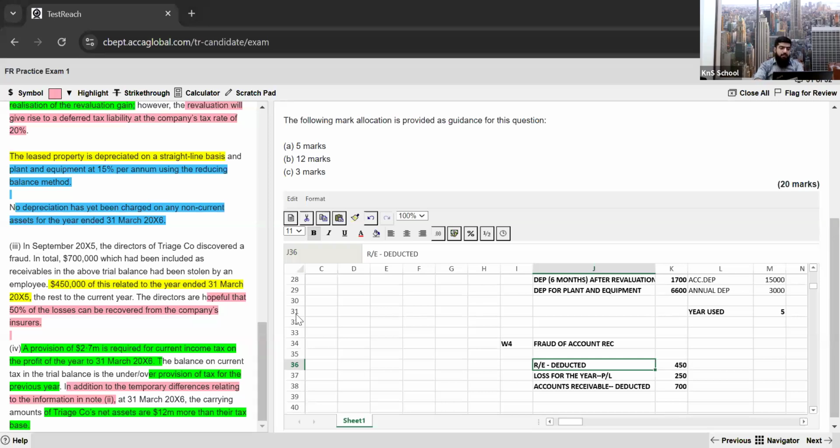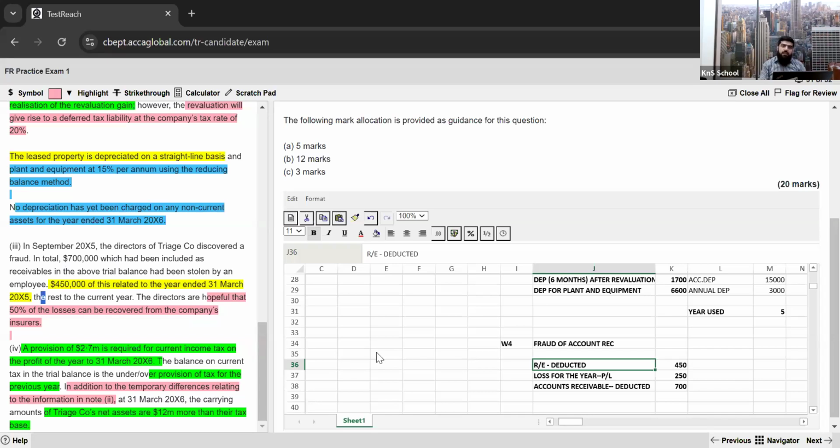Now, the last adjustment is related to income tax, and we are going to calculate the income tax. Accounts receivable, there was a loss of 700,000 which was not recorded, and this account receivable balance is still there in the trial balance. Now 450 is related to the previous year, and the remaining 250 is for the current year. If there is a loss for the previous year, it should be adjusted in the previous year.